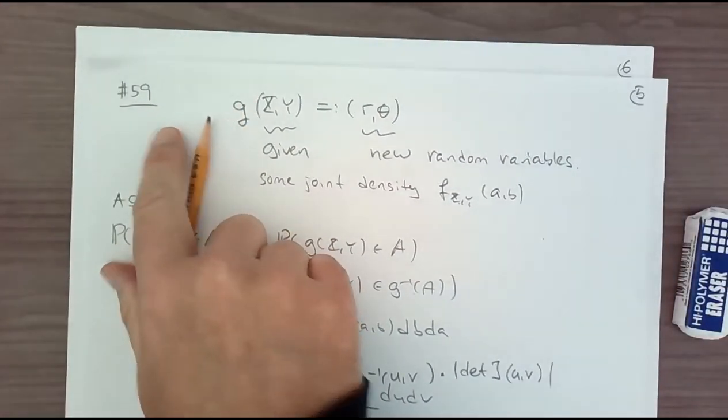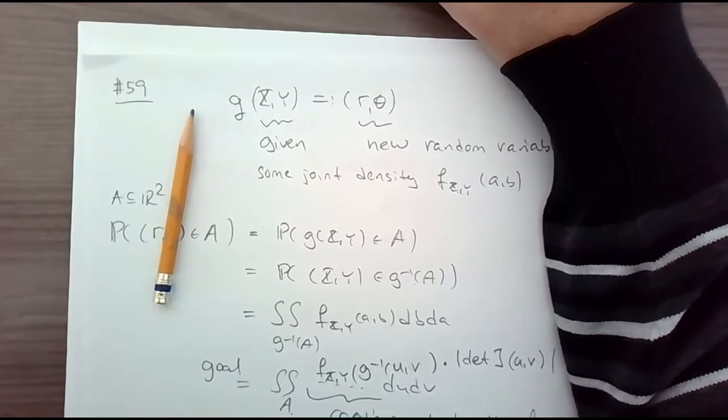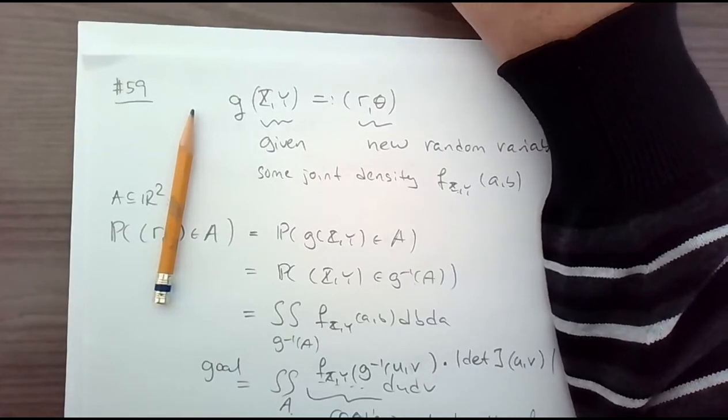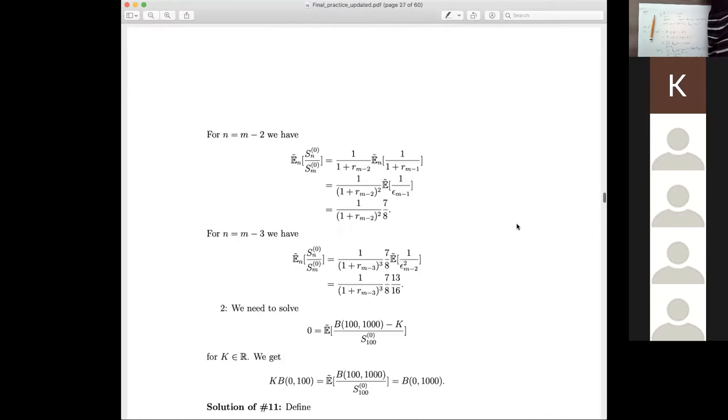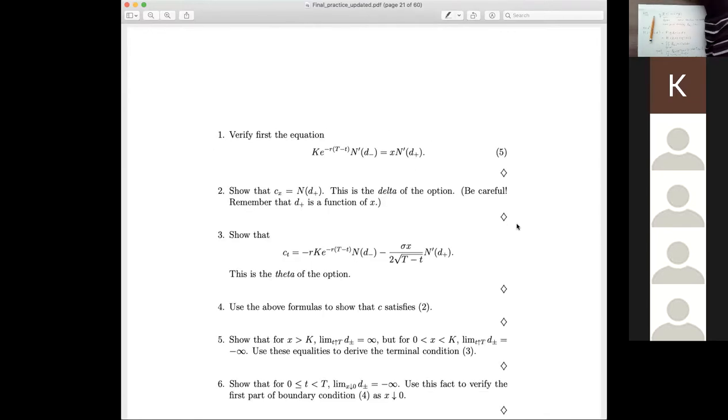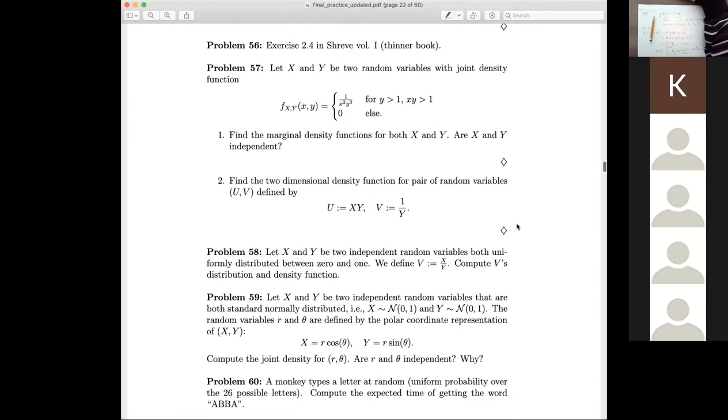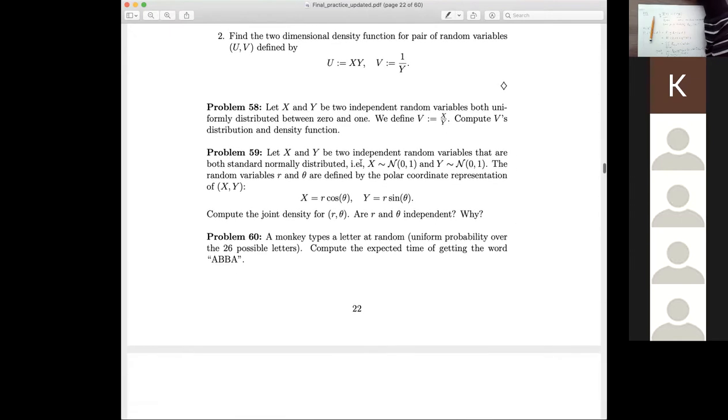And in this specific example, example 59, let's have a look at what is being asked for. In 59, what you're given are two standard normally distributed random variables, x and y, and they are independent.